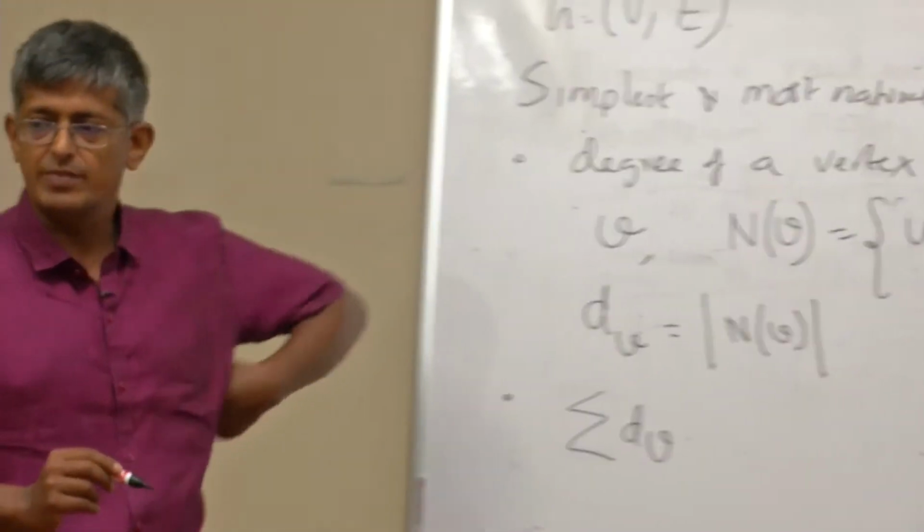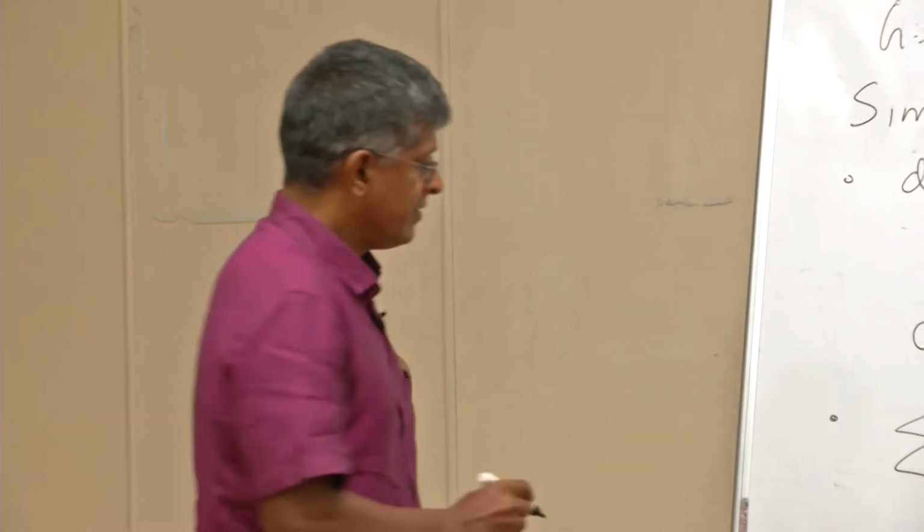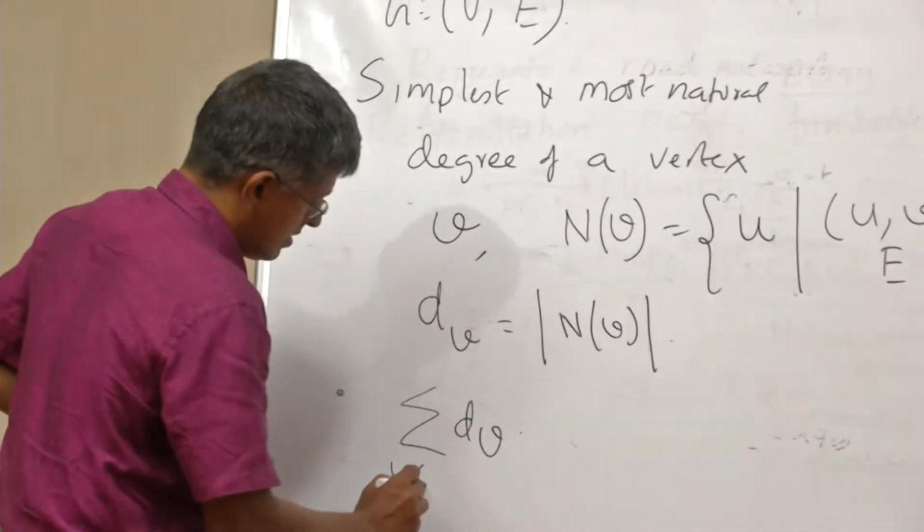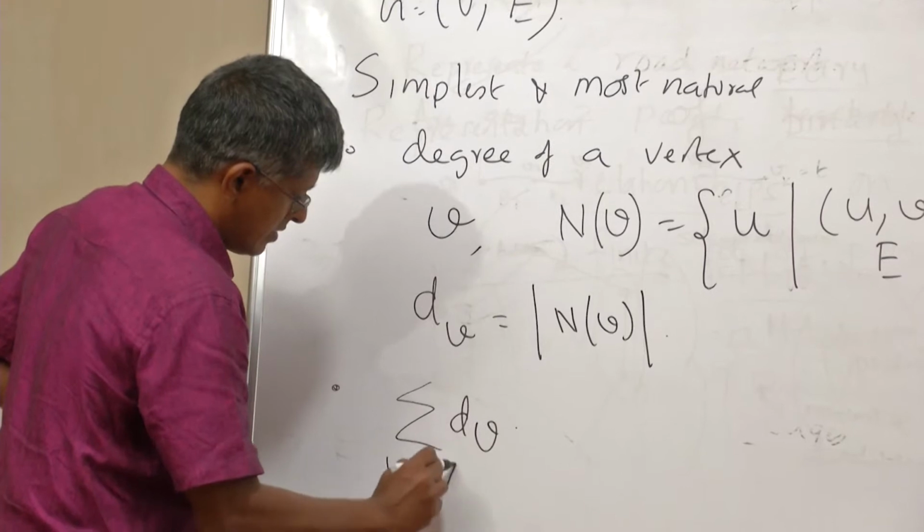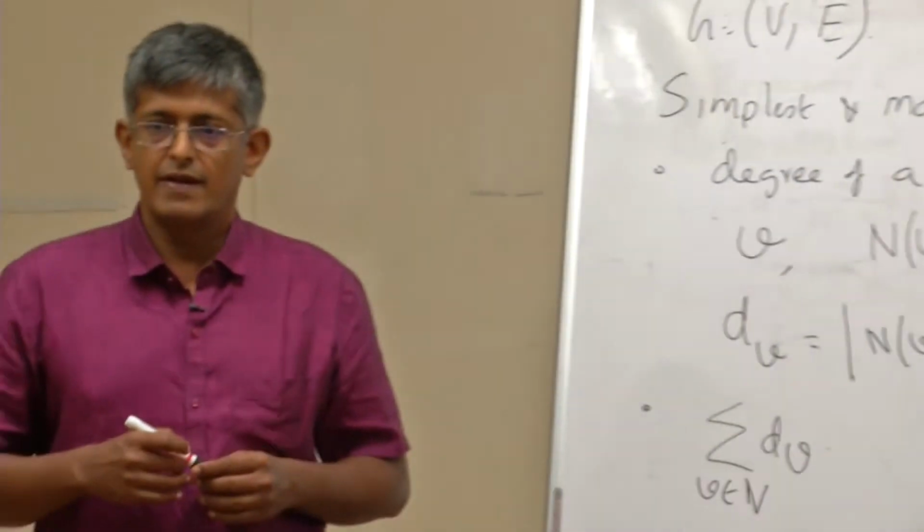So let us look at the most obvious one, which most of you know. What can you say about summation dV, V belonging to V? What kind of a mathematical statement? How many of you know the answer to this question? I have not asked the question, but already some of you have asked it and probably answered it because you've seen it.